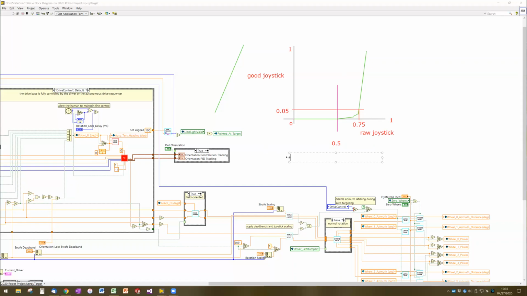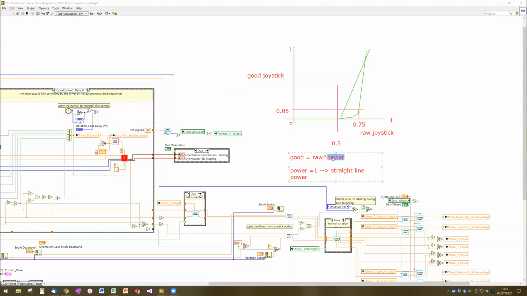And so typically we do the following, where we say the good joystick is equal to the raw joystick to some power. If power equals 1, that's a straight line. So that's this one here, power equals 1. And then as you increase the power, I really shouldn't call it power.